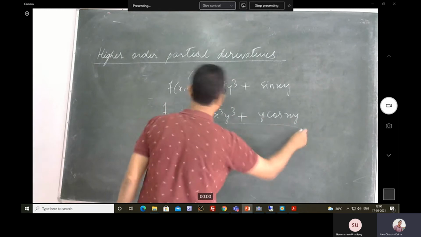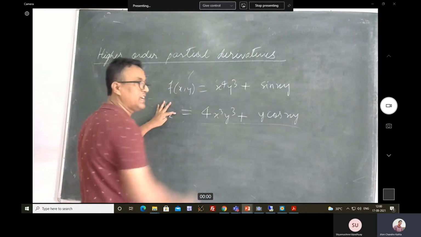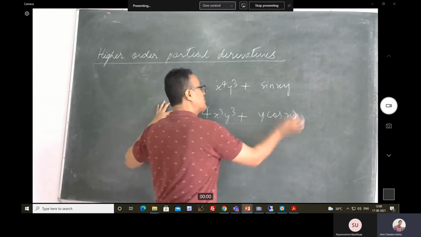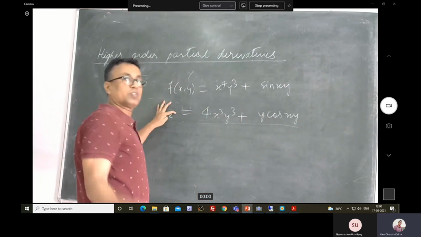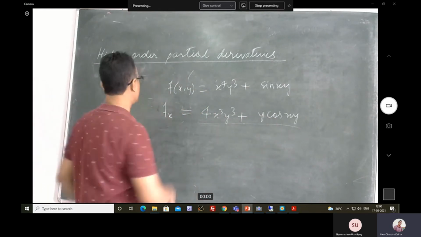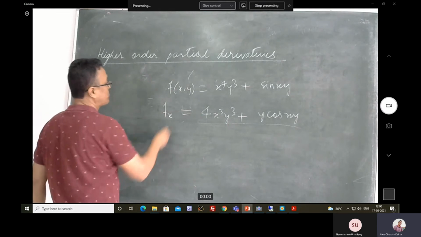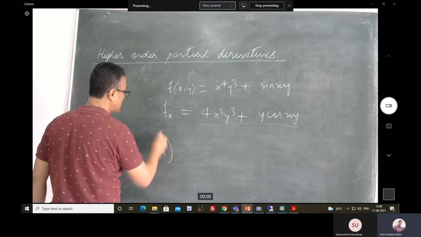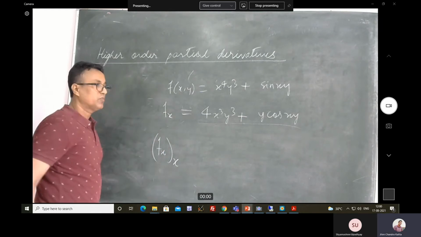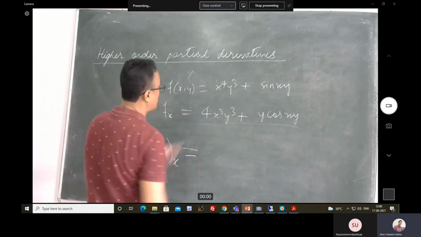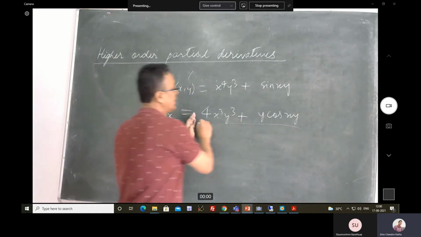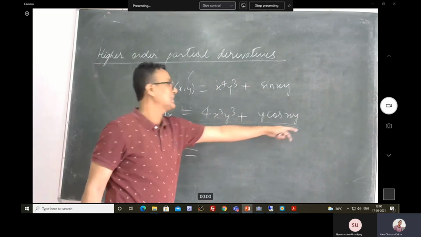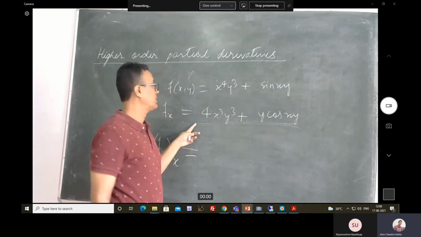Now again, you can see that whatever has resulted is again a function of two variables x and y, right? So I can again try to find the partial derivative of this with respect to x or y. If I want the partial derivative of this with respect to x, I have to again, considering y as constant, differentiate once more with respect to x.